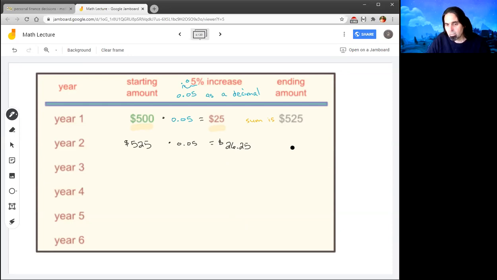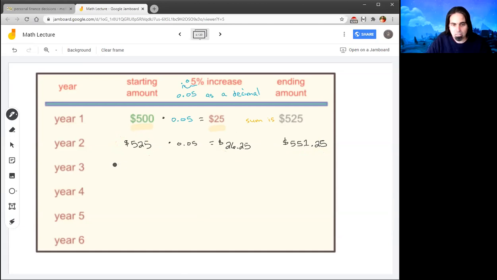So we'll add that up and we get 551.25, taking how much we were paying and how much more we have to pay next year. So this is what we'll have to do next year. Is year two okay? Yes.